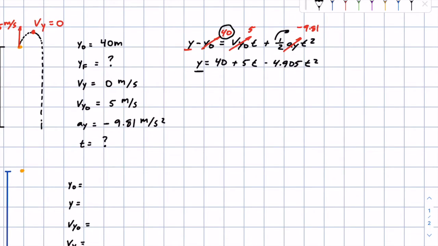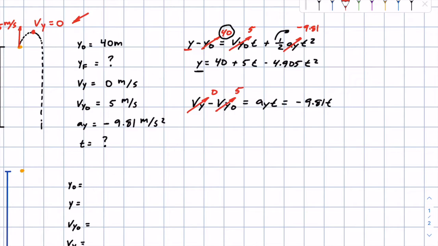Okay, well, we don't know y and we don't know t, so we're going to move on to the short equation, which is final velocity minus initial is equal to acceleration times time, which is equal to negative 9.81 t. Now, we know that the final velocity is 0, according to our picture, and we know the initial velocity is 5 meters a second upwards, so it's positive.